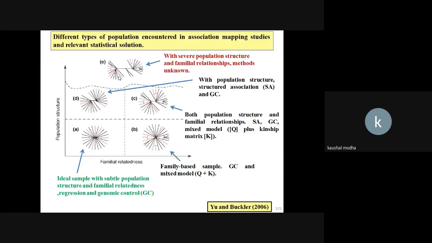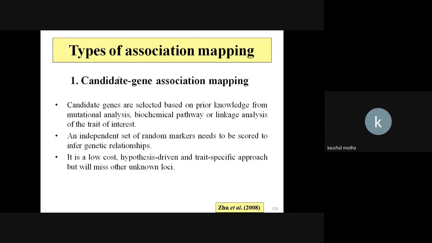Now, types of association mapping. There are basically two types: candidate gene association mapping and genome-wide association mapping. Simply, it is called GWAS, Genome-Wide Association Study, or GWAM, Genome-Wide Association Mapping. So let us focus on candidate gene association mapping. This approach has some primary knowledge about the gene under consideration.